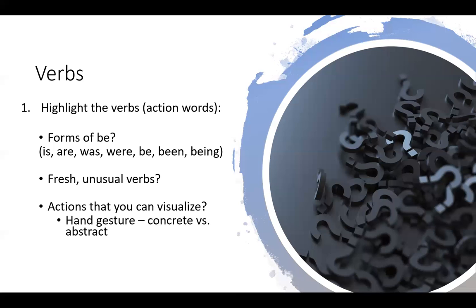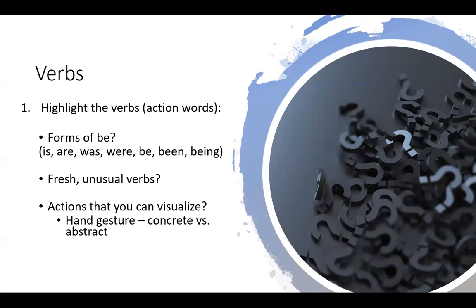And then the third thing I want you to highlight or underline, picking a different color at the moment, are any words that you can visualize. So actions that you can visualize.